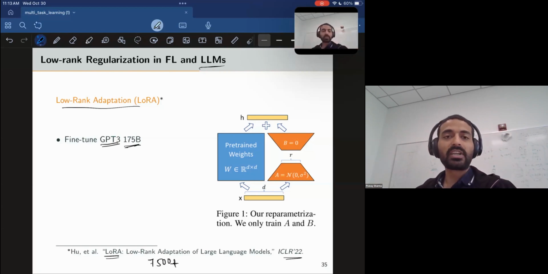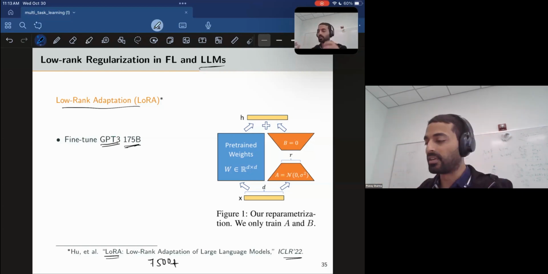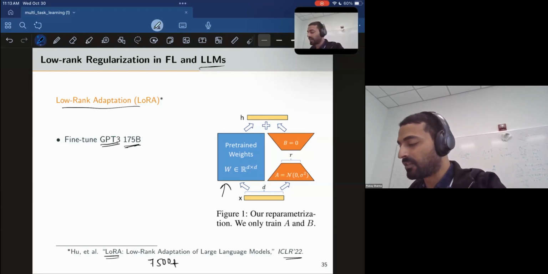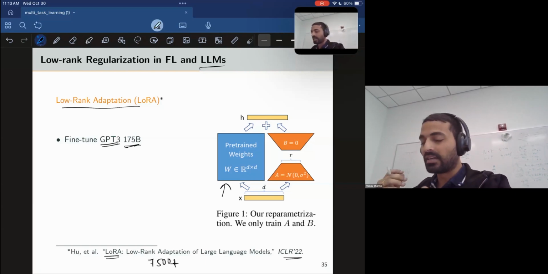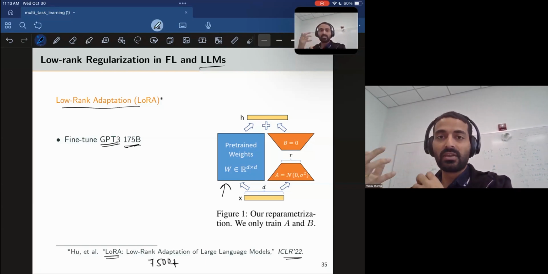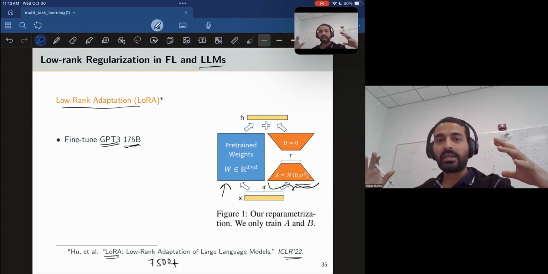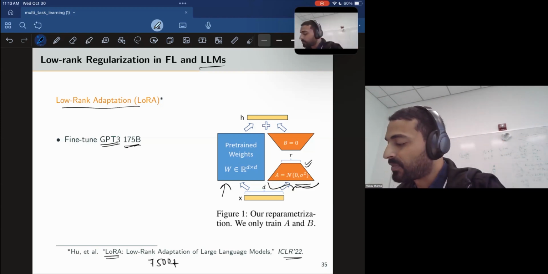In the entire transformer architecture, at every block they split it into two components. W is their pre-trained weights, which they already have, and then they assumed that whatever changes happen during fine tuning have some low rank structure. As you can see, this A block has a wide bottom and a narrow top.